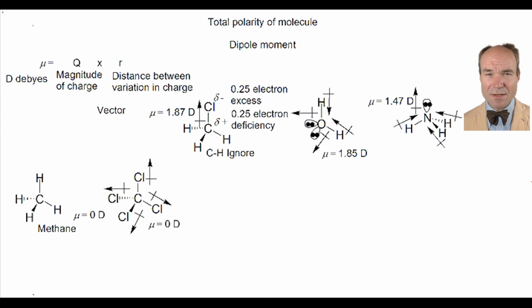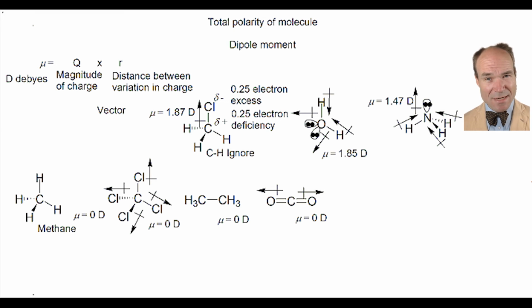Now we look at ethane as well as carbon dioxide, and here the tug-of-war analogy is a little stronger. Hopefully you can spot that we have two arrows going in opposite directions. And so again, we don't have a dipole moment for the total molecule, and the Debye value is, in both cases, 0.